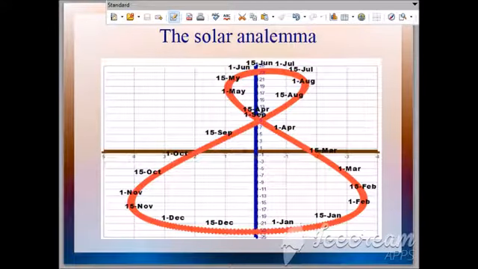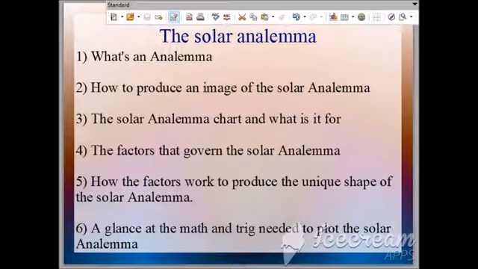The solar analemma. In this presentation, I'll talk about the solar analemma in just 6 points. The points are: 1. What is an analemma in general? 2. How to produce an image of the solar analemma in particular. 3. The solar analemma chart and what it is for. 4.